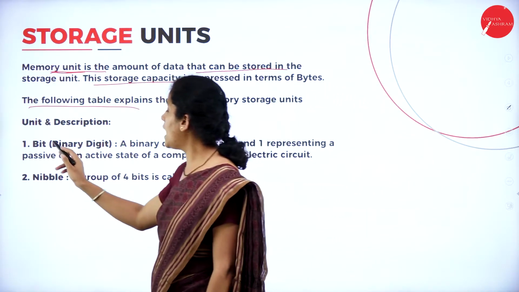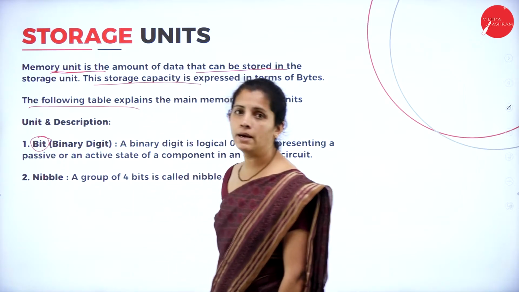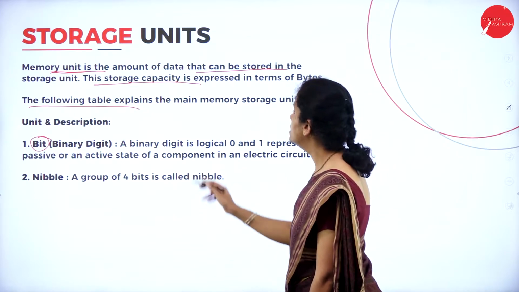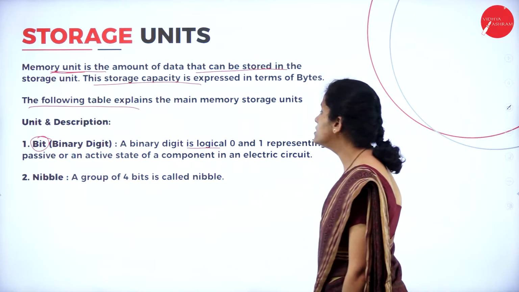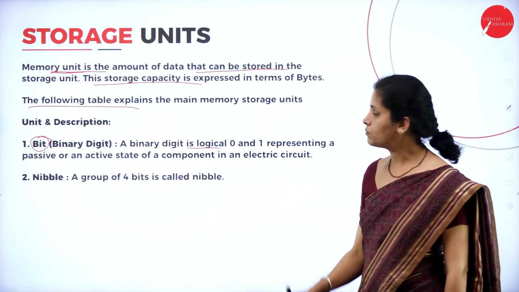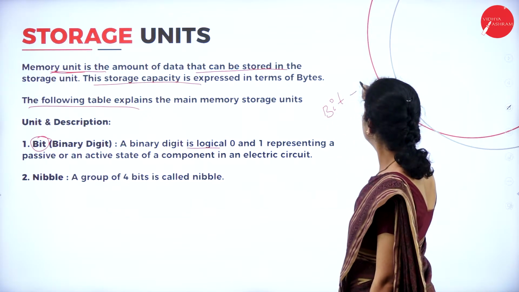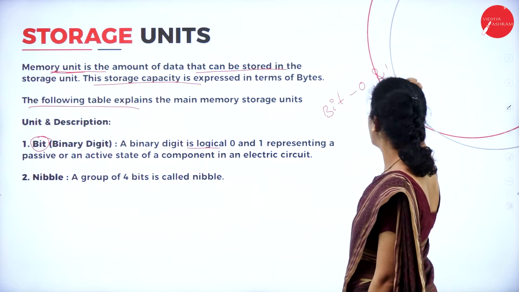First, I'm going to have the bit. That's nothing but a binary digit. A binary digit is logical 0 and 1. So here a bit is nothing but 0 and 1.